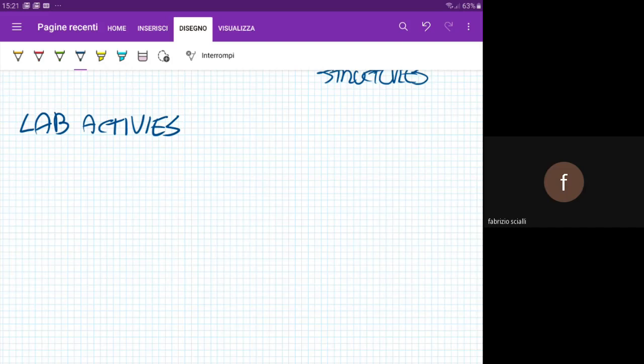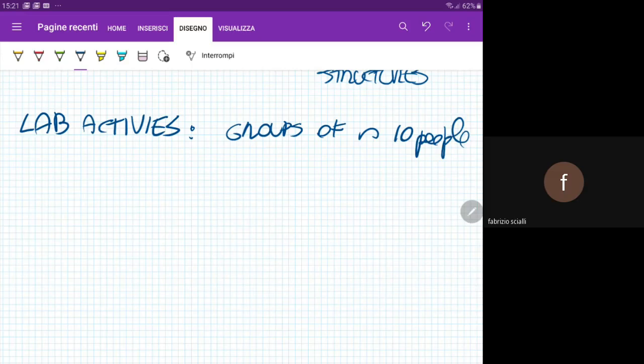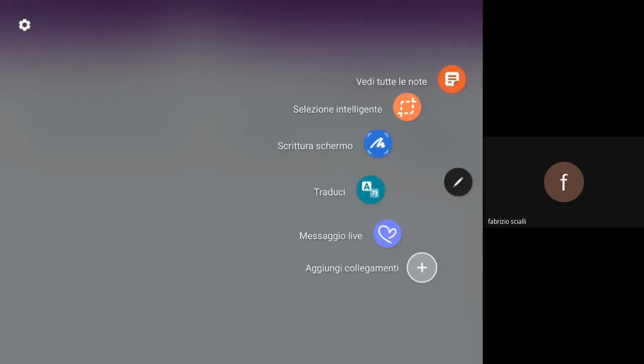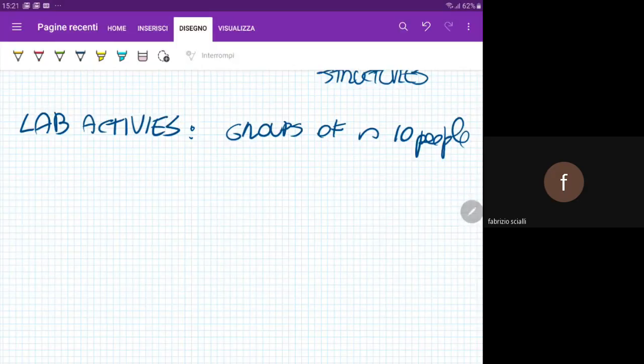Okay, so laboratory activity groups of about, let's say, 10 people, so that we can enter there and we have the right number of people that can do something.